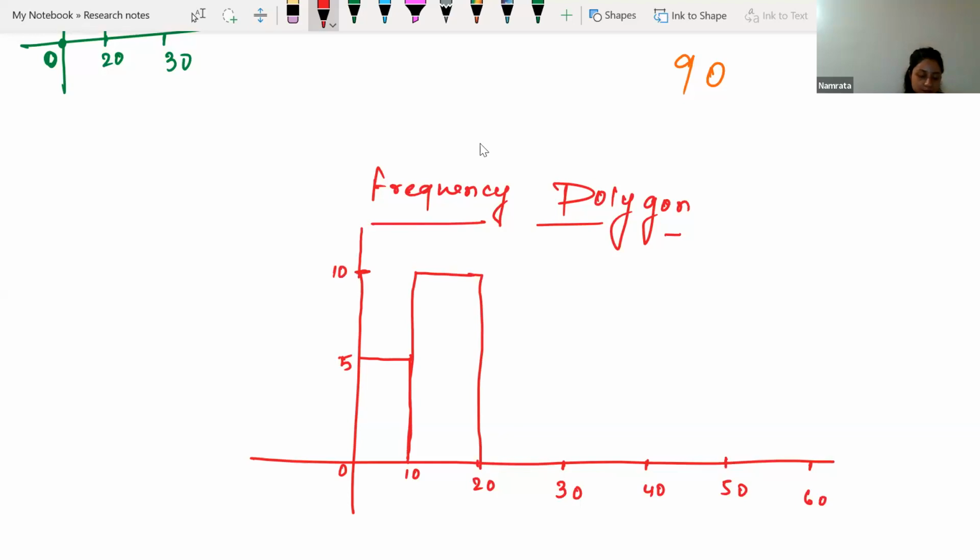This one is 10. After that, we are having frequency as 4. Next, we are having frequency as 6. After that, 40 to 50. If we are having frequency as 7, like this.